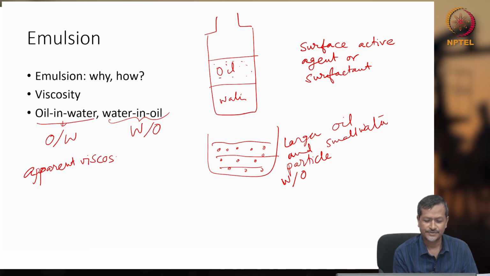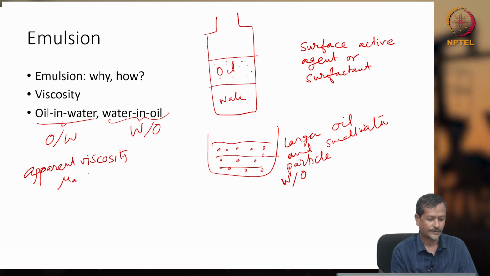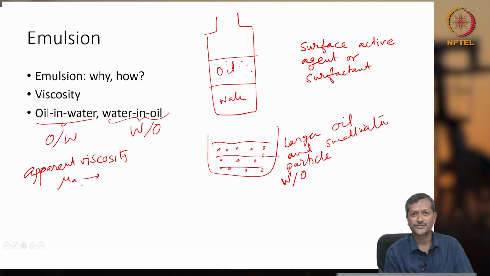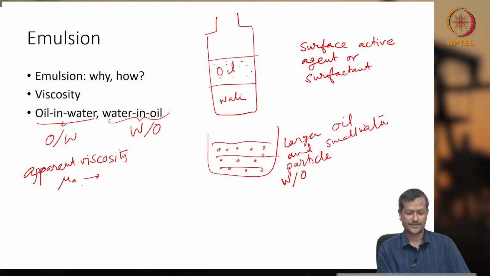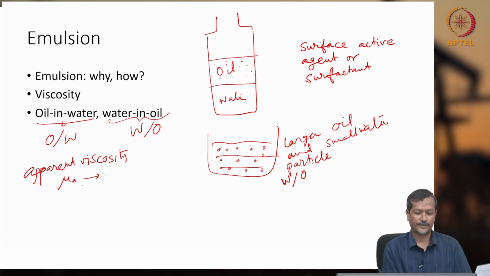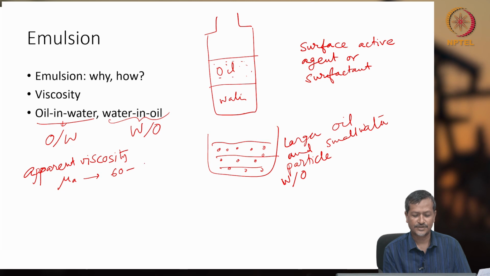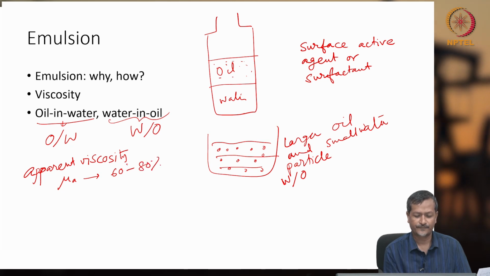Apparent viscosity, mu A. Normally, whatever viscosity you measure, apparently you are saying that will be highest when the water cut is around 60 to 80%.